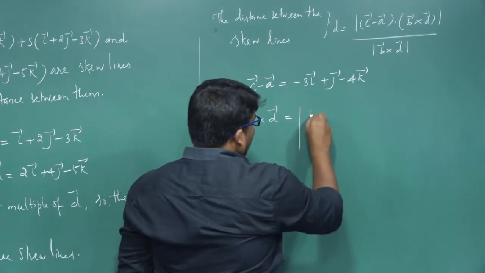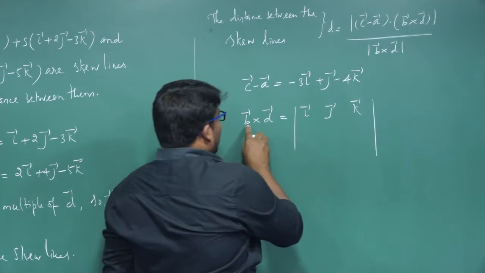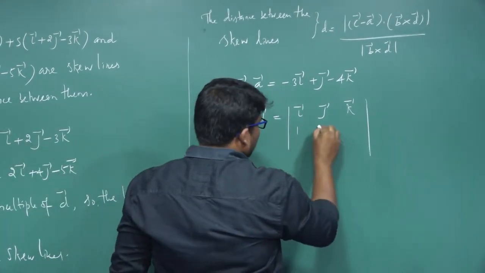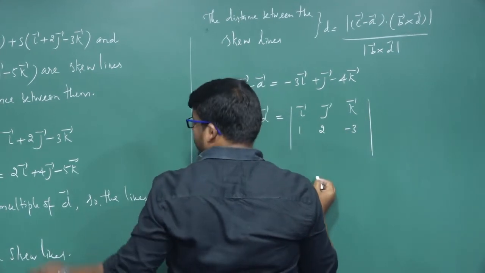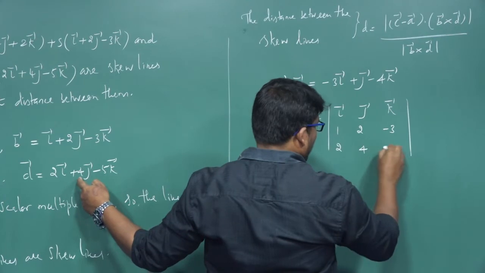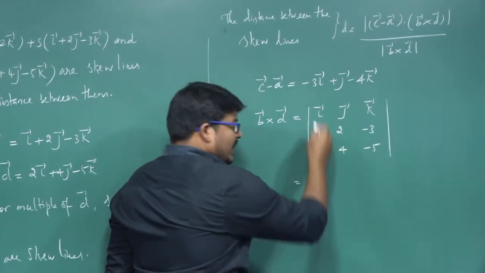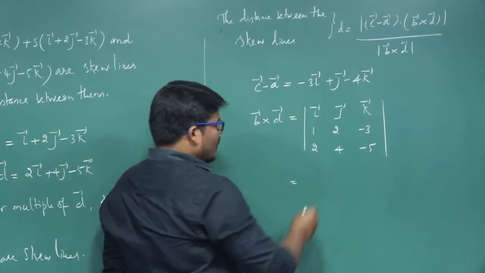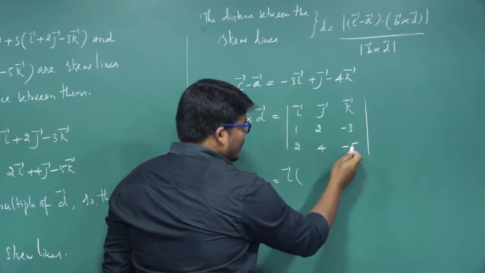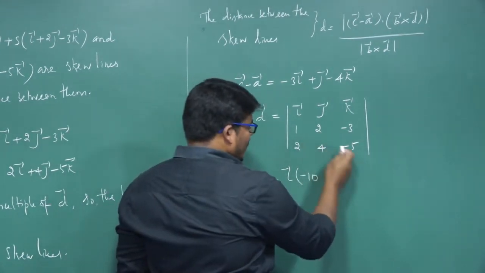Determinant of i vector, j vector, k vector; the components of B are 1, 2, minus 3, and the components of D are 2, 4, minus 5. Now expanding the determinant. For i vector, getting the minor matrix: 2 into minus 5 is minus 10.